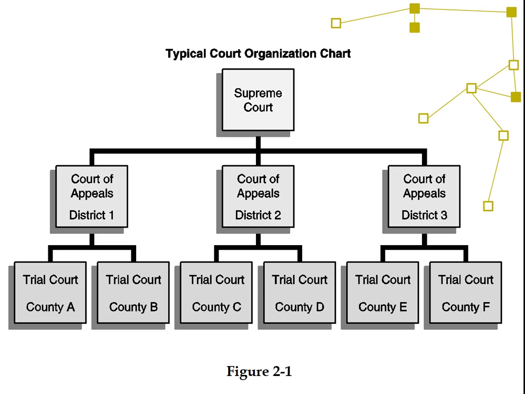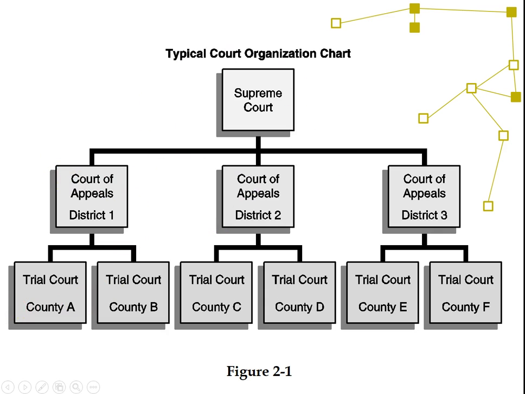The basic structure is similar in the federal system and most states, although the names might be different. I'll give you some graphs that look a little better than this one in a minute. The most common name for the highest court is the Supreme Court, but some states like New York use that title for a lower court. So it changes around a little bit. But the basic structure would be trial court, court of appeals, and then the Supreme Court.